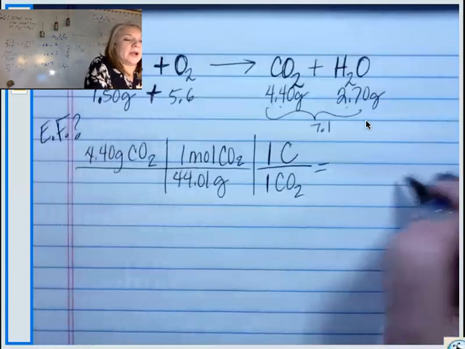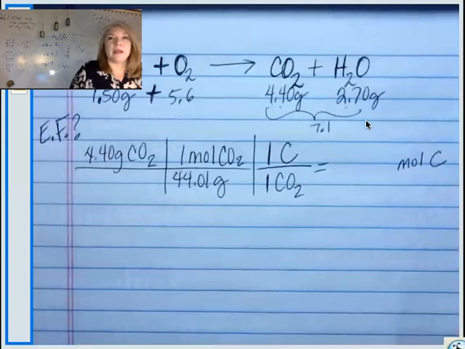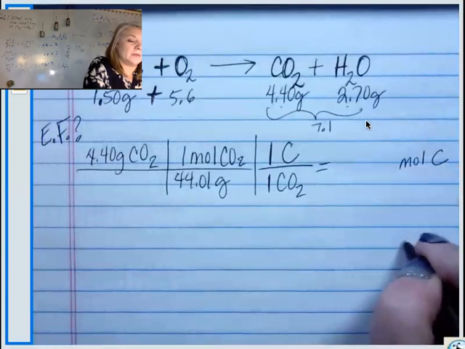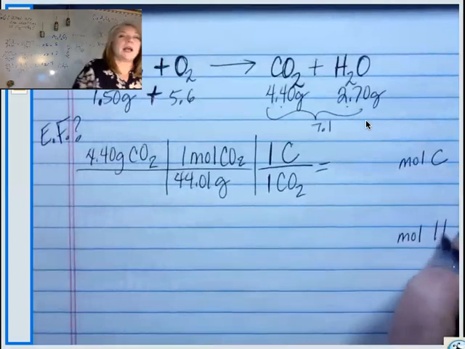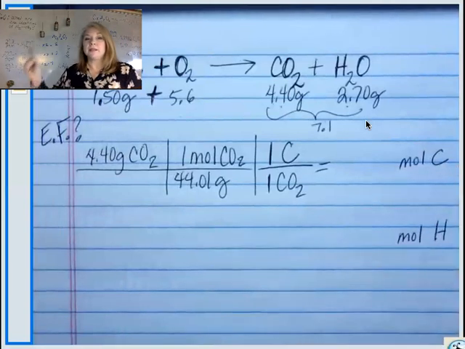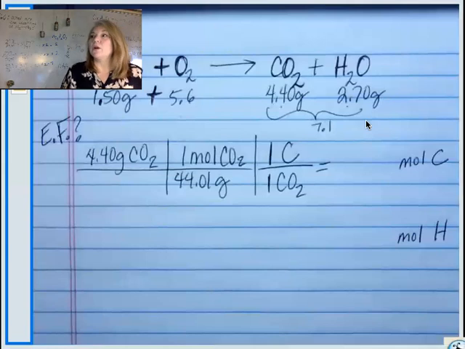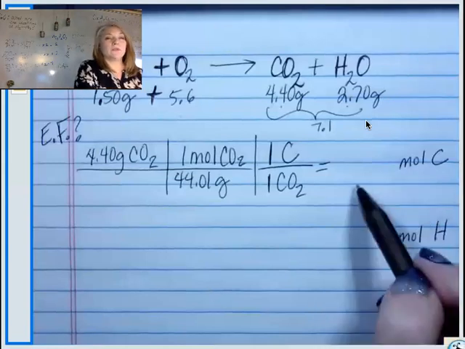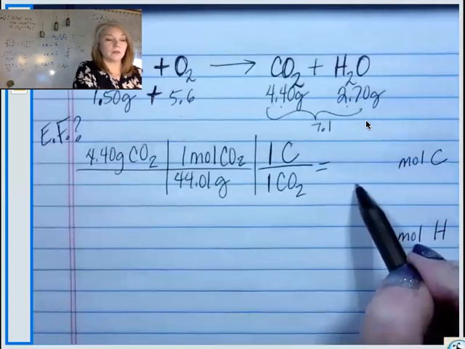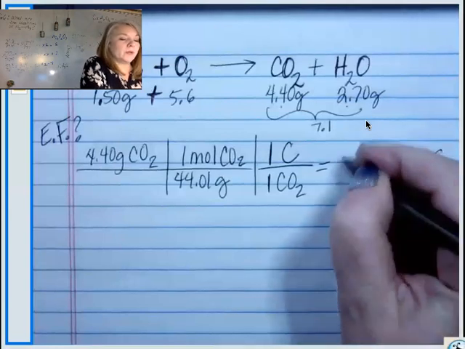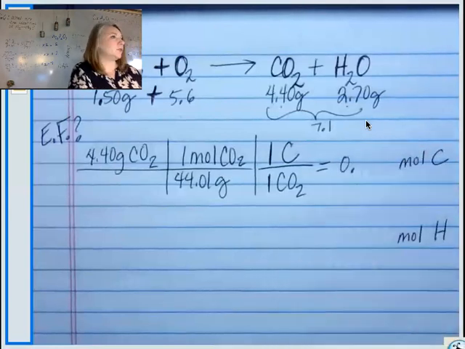Right now, we're trying to figure out how many moles of carbon, and we will also need to know how many moles of hydrogen is in this hydrocarbon. We're trying to figure out that X and that Y. So now that we have established what we're looking for, what is the answer to the number of moles of carbon that we have here? 0.1. Let's go a little bit farther out in sig figs there, Patrick.